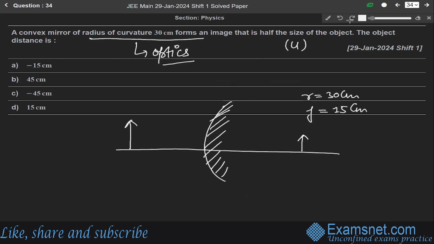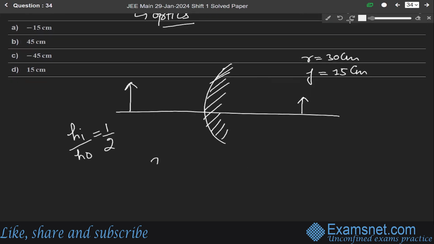So height of image over height of object is equal to 1 by 2, since the image is half the size of the object. So magnification m is equal to minus v by u is equal to minus 1 by 2.